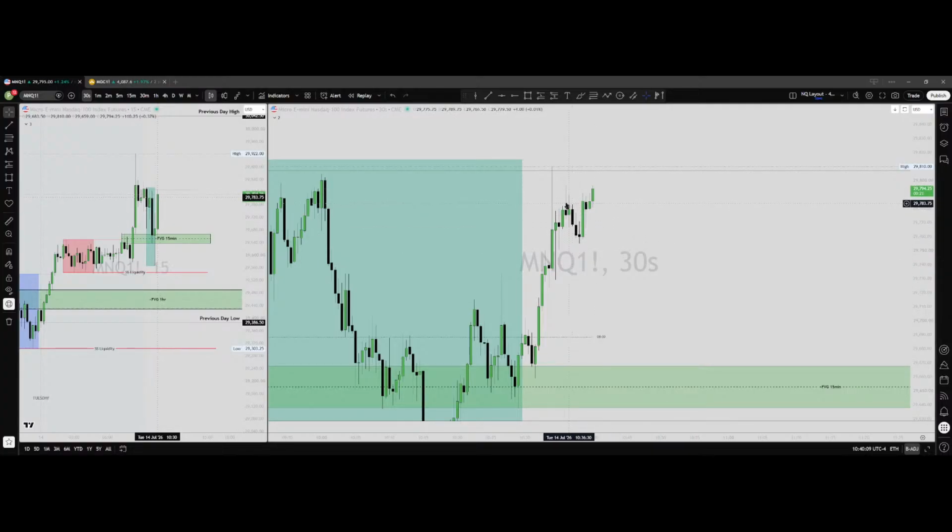Liquidity sweep, V-shape rejection, order block tap. Price is moving higher now.